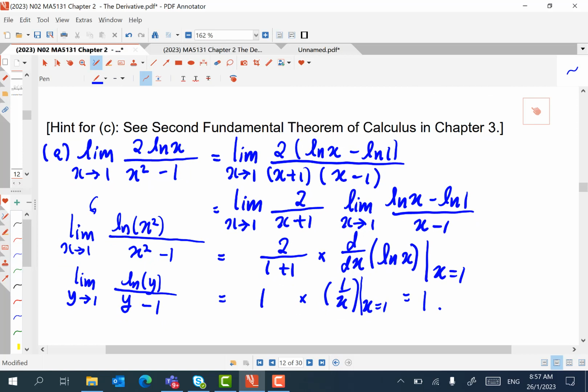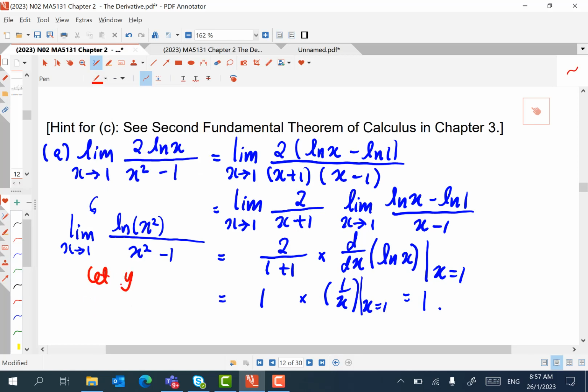You know why? You're just replacing the x squared with y. Actually this ought to be root y, lah. But for root y to be turning towards 1 is the same as y going towards 1. You know what I mean? You're just replacing the x squared with y. Wait, let me erase. If you now do this, you now do this.